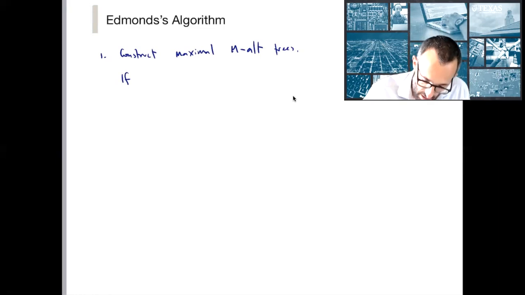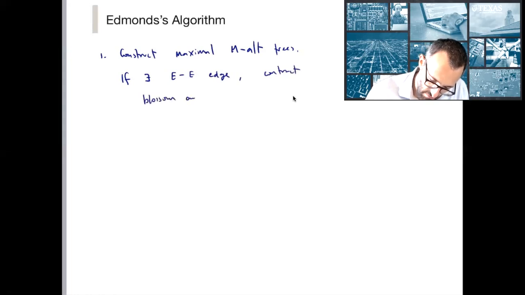So if there exists an even to even edge, contract the blossom and continue.